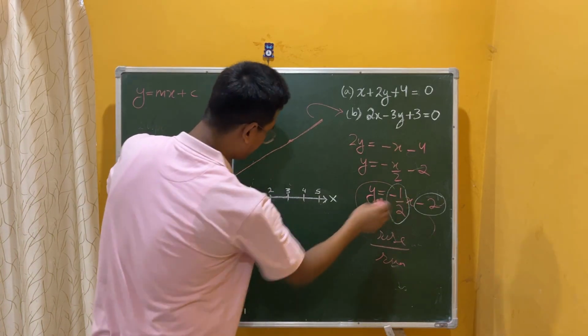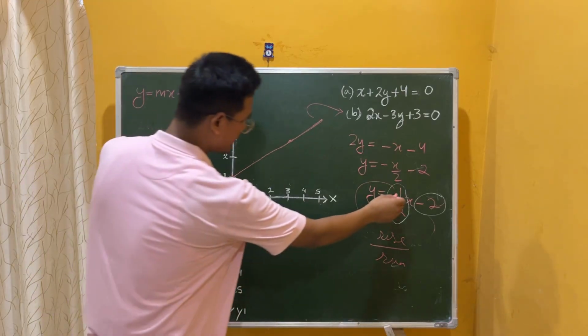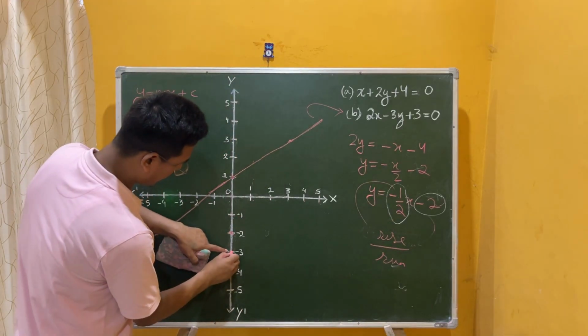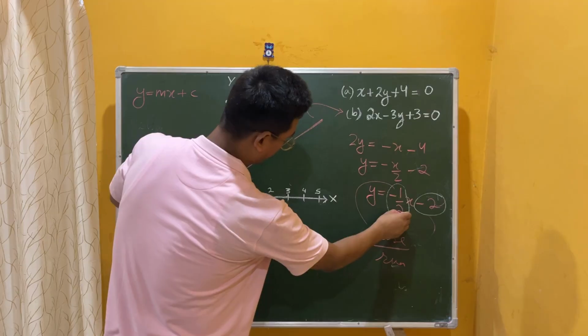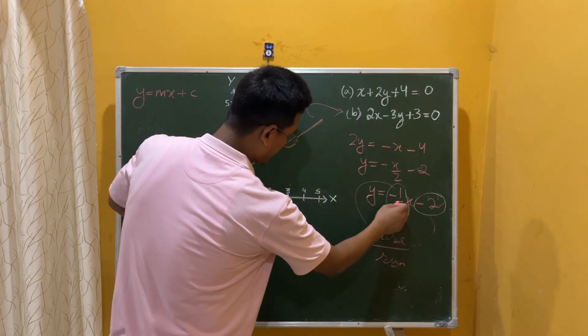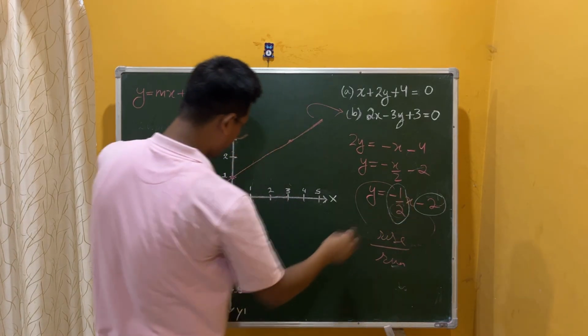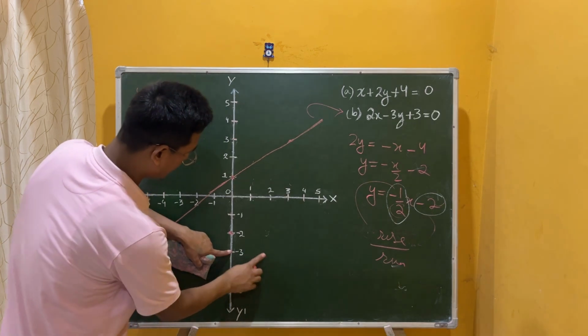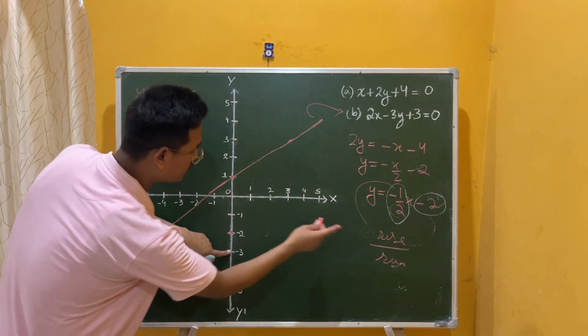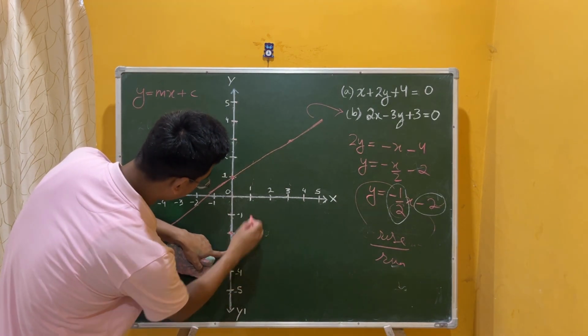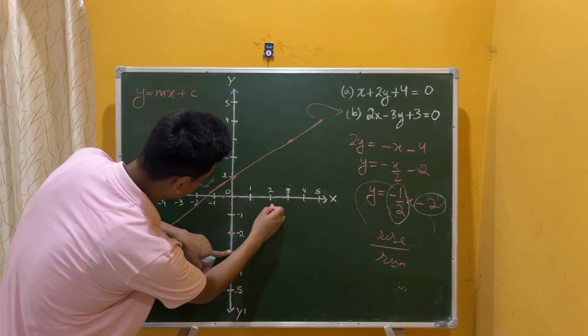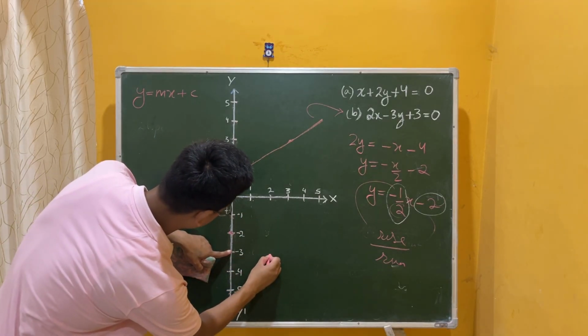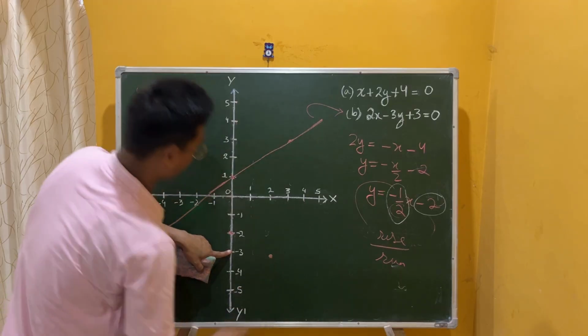Remember, this one is rise. Actually, it should go up, but since it is negative, it's falling down. And it's run, but it's positive, so it will run towards the positive x-axis. So it's 2 units run. So 1 unit right below 1 and 2 units right below 2. So this is the second point.